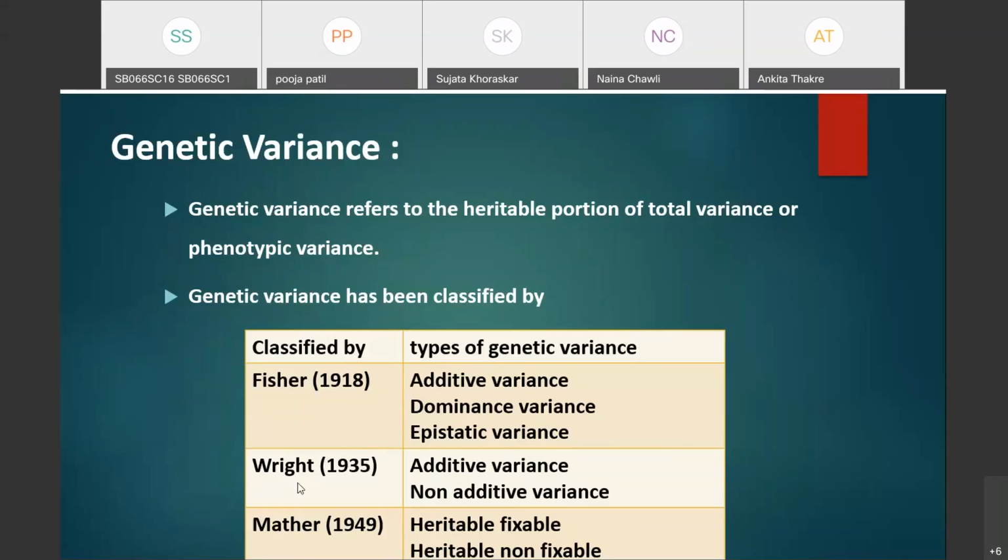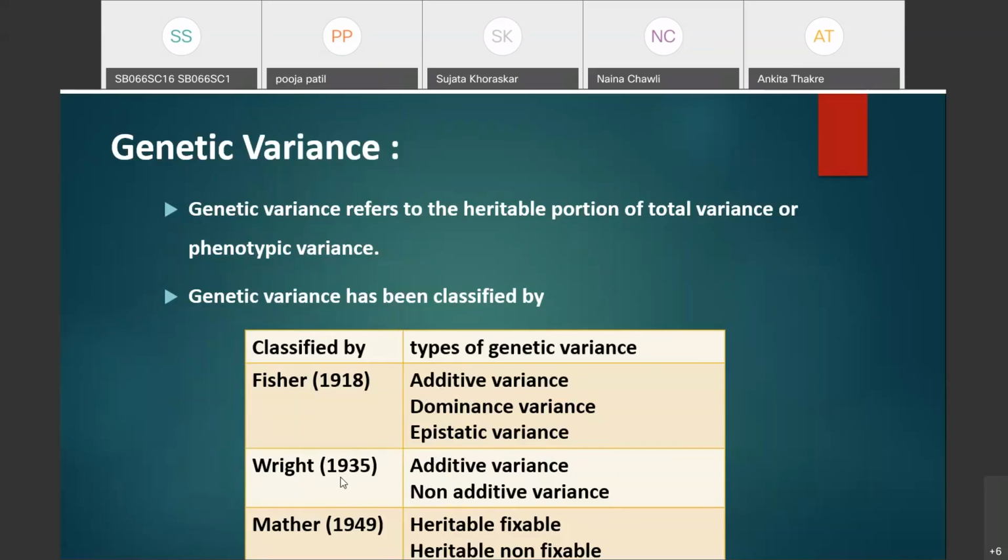While Wright in 1935 classified the genetic variance into additive and non-additive variance. The dominance and the epistatic variance are referred to as the non-additive variance.